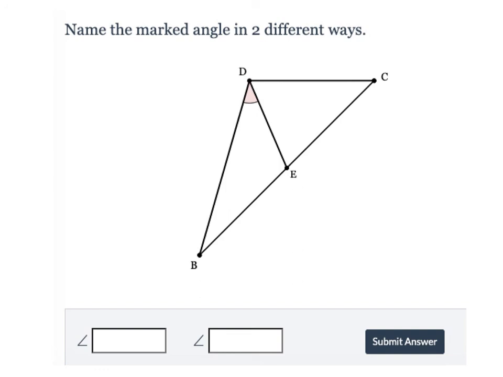So we could simply name it angle D, or if we want to name it with three letters, we connect the dots and we start B to D to E. So B to D to E. Or we could reverse that and we can go E to D to B. Notice that that angle D is in the center of each one of those. Okay, so you'll try that on Delta Math. Good luck.